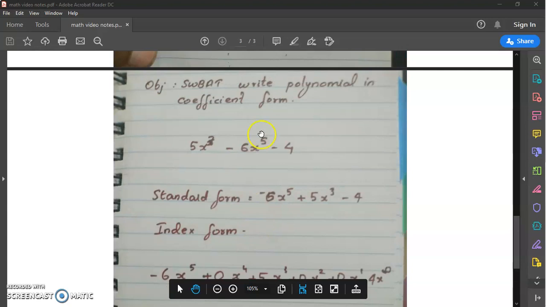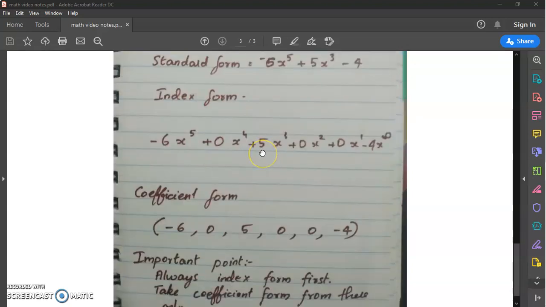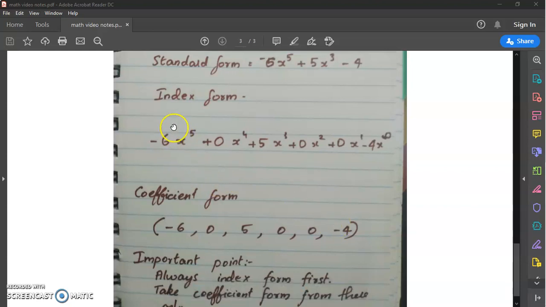What we are going to learn today is how to write the coefficient form. Coefficient form is the easiest of the easiest. If you have written the index form, just write a bracket and write it in the order minus 6, 0, 5, 0, 0, minus 4. Correct? So basically, write the index form and write the coefficients. What is a coefficient? The number to the left of the variable.